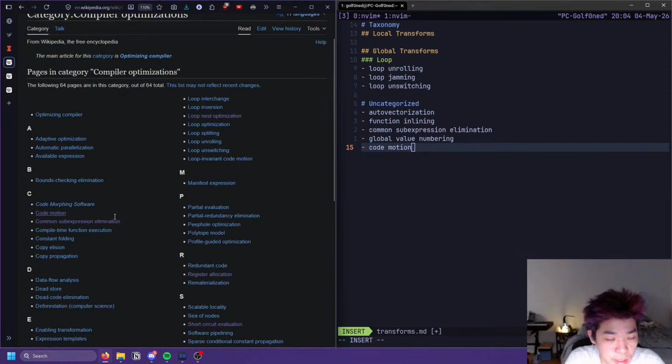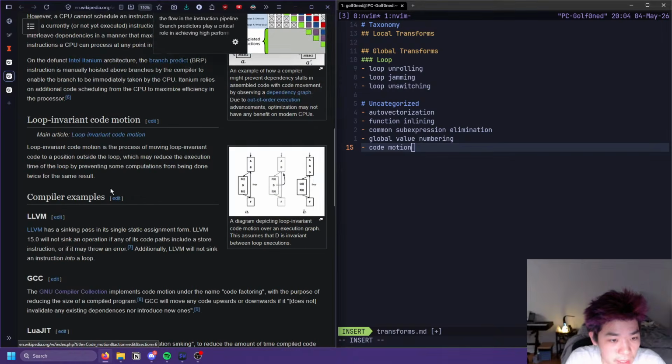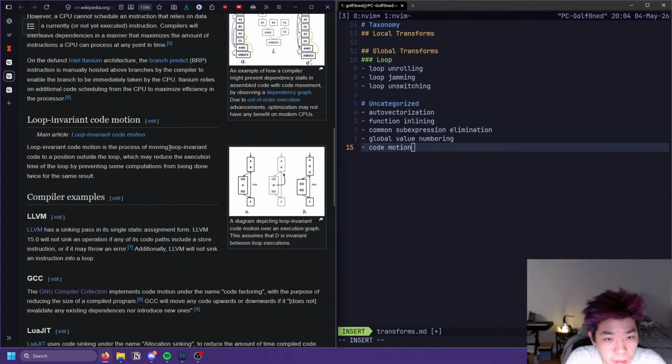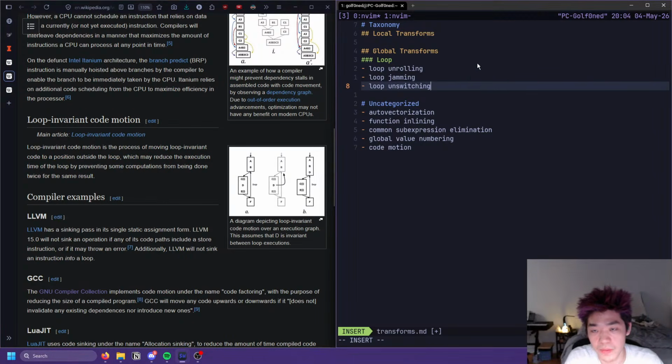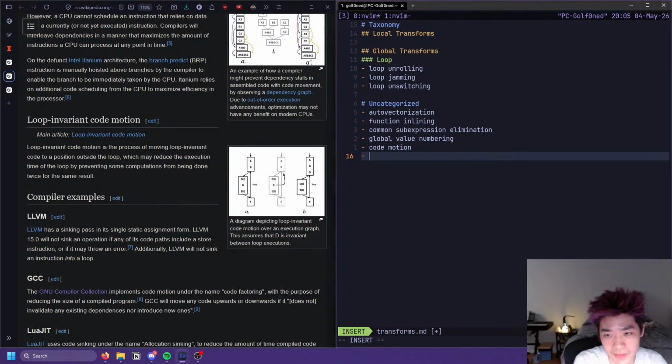Surely it's somewhere here. Yeah, okay. Loop invariant code to position outside the loop. So I guess we could... Yeah, it's really hard to categorize this stuff. I can see why people haven't done this. This makes a lot of sense. Yeah, so we can also throw that as a sub thing.